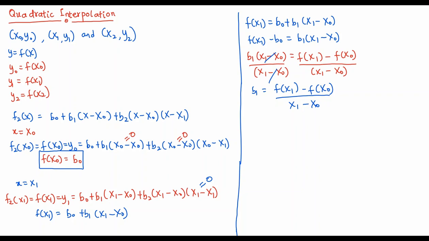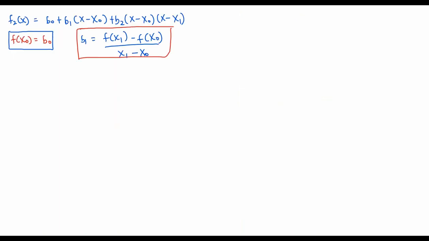You're going to do the same for x2 also. Let's go ahead and look at that. Now you are going to set x equal to x2. That's going to be a little lengthy, so I had to free up some space. So x should be equal to x2, right? You're going to have f2 of x2, and this should be the same as f of x2, which will be the same as y sub 2.